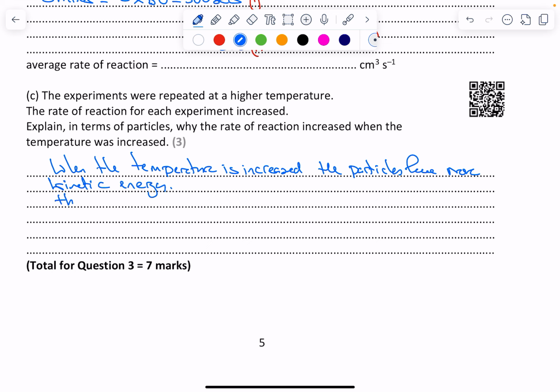What does that do? This increases the chance of successful collisions taking place.